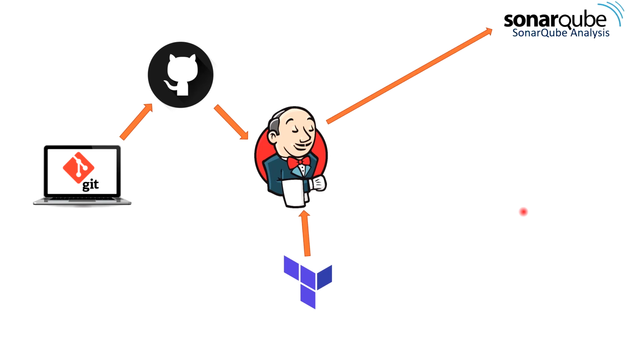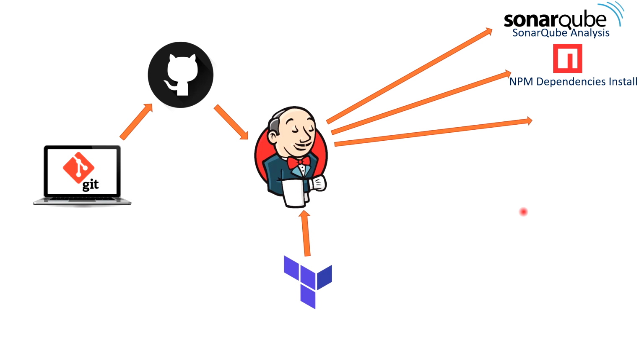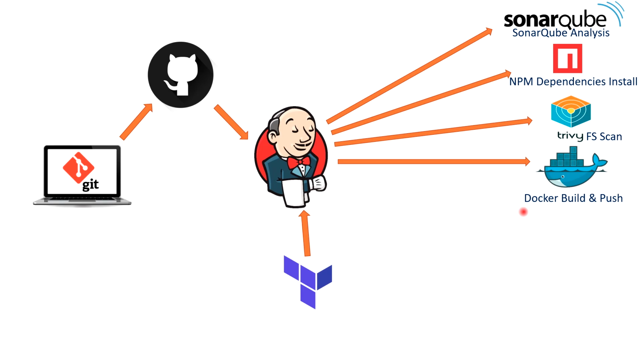First of all, it will do the SonarQube analysis of our code. Then it will perform the npm dependencies install, and then it will do the Trivy fs scan of our code, and then it will build the Docker image and push that Docker image to DockerHub.